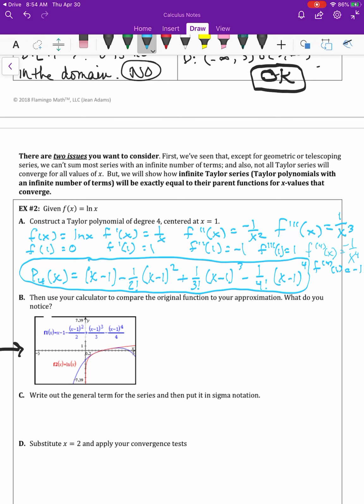And then they want us to use our calculator to compare the original function to your approximation, and what do you notice? If you put that in your calculator along with ln x, and there's a picture right here, you would notice that the Taylor polynomial of degree 4 is only good for certain values of x.